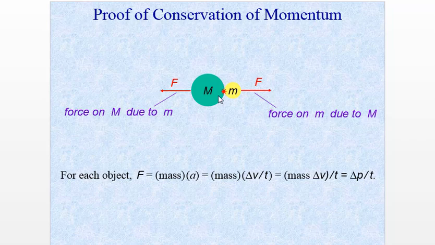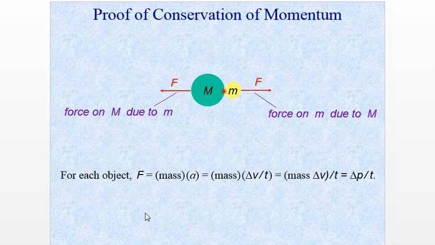Whenever two objects like this collide or crash or exert force on each other from a distance, the forces involved are action and reaction. Action and reaction are equal in strength and opposite in direction. This means the net force on the system, the two objects together, is zero, since these forces cancel out, like this.